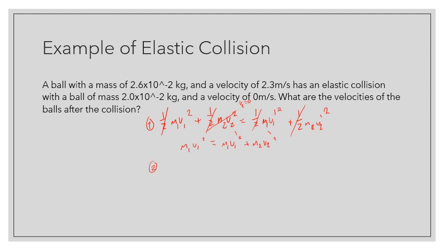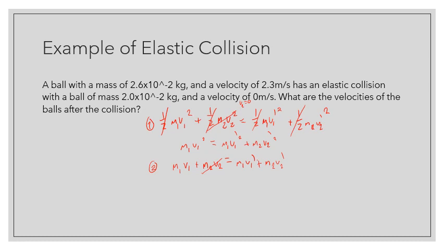For equation 2, we have m1v1 plus m2v2 is equal to m1v1 prime plus m2v2 prime, and the m2v2 term gets cancelled out because velocity is 0.